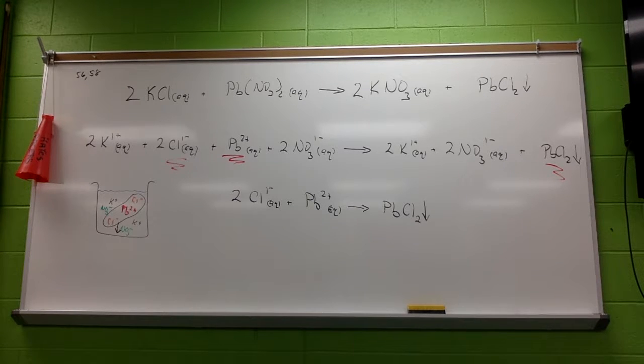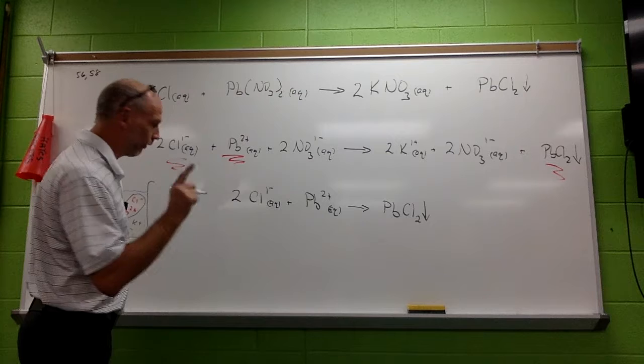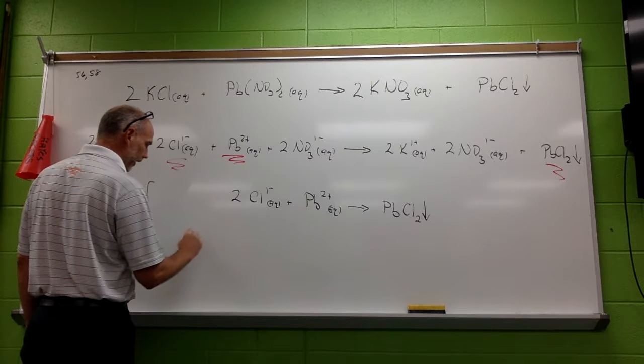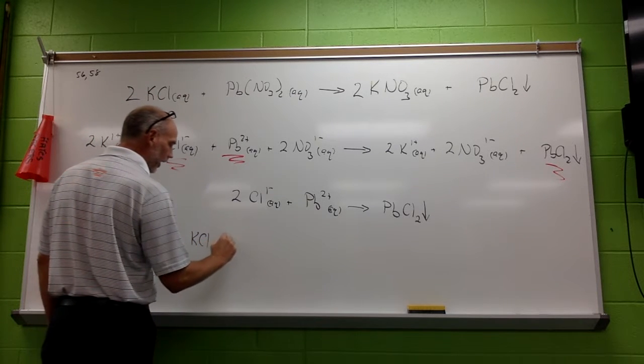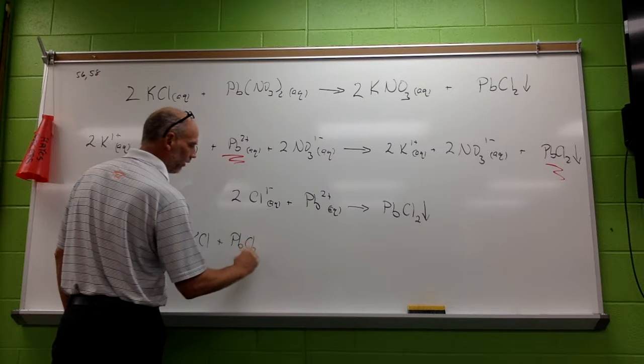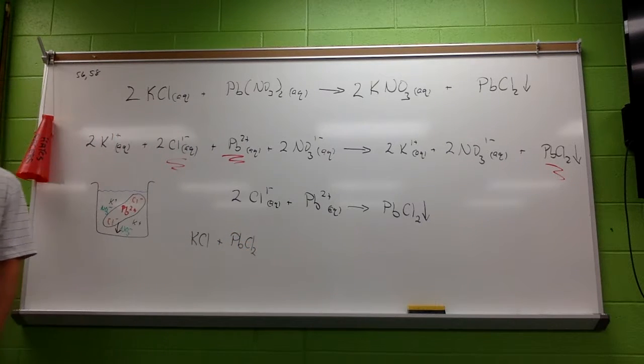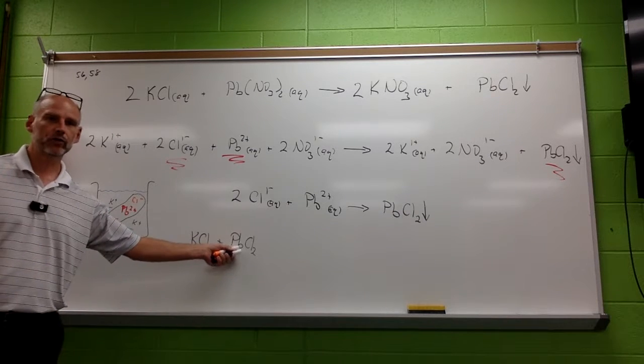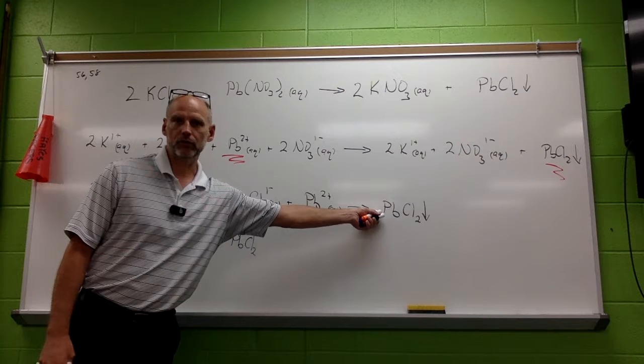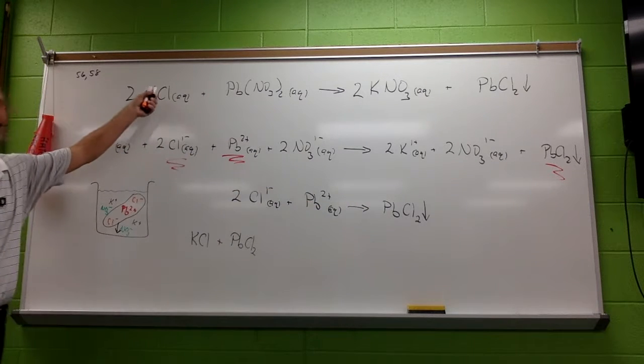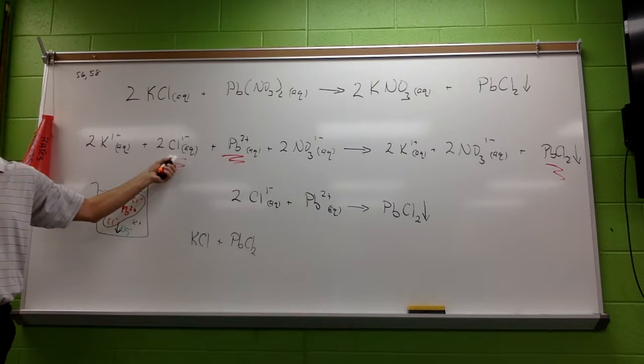At some time in the future, I'm hoping not too distant, your brains are going to be able to do this. I'm going to say, hey, we're going to take some potassium chloride, react it with some lead 2 chloride, write a net ionic equation for that process. Hopefully your brains will be able to come up with this without having to go through all of this.